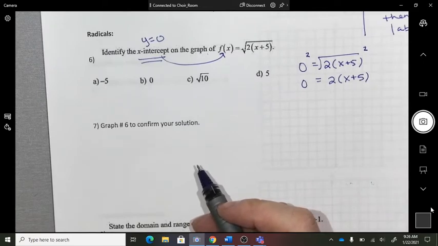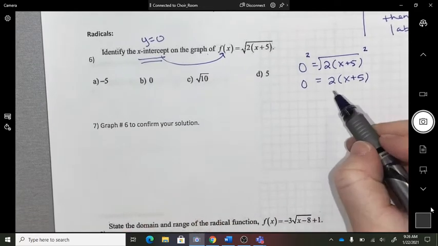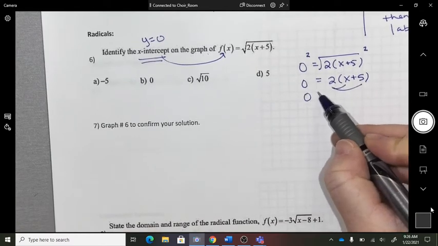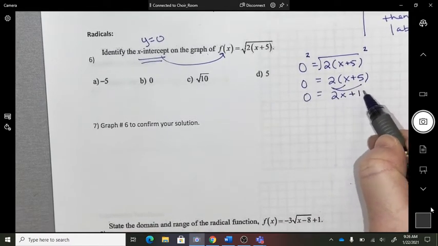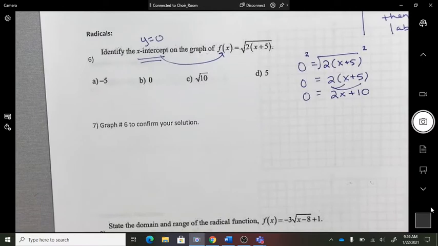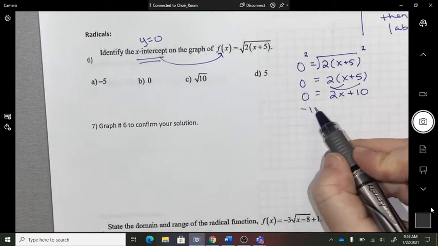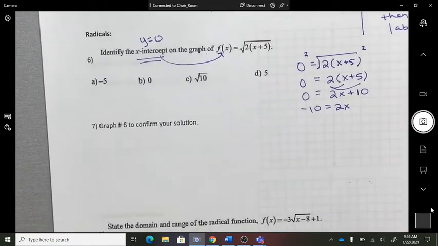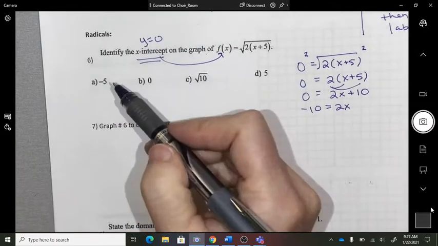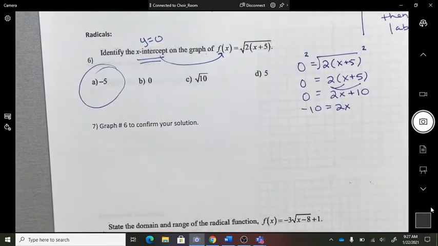There would be two methods here. Doesn't matter. I'll distribute. Okay, I'm going to move the 10. So therefore, what is your x-intercept? Do we get -5?